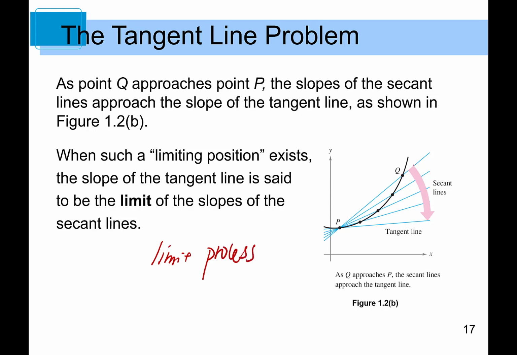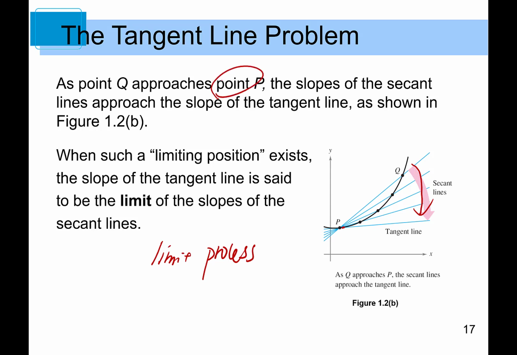Just keep going this way until your point gets infinitely close to P. So this is the first time using limit to interpret the tangent line, the slope of the tangent line at a particular point P.